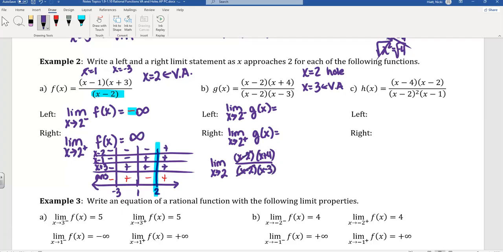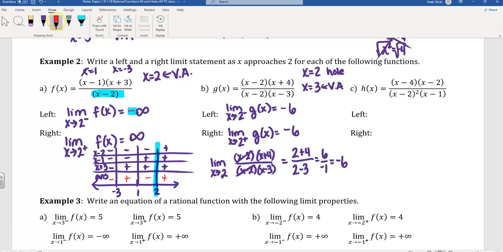And you can just cross these out. They're going to cancel each other out, right? And then you can plug your 2 into what's left. So plug 2 in here, 2 plus 4, and then 2 minus 3. I'm just plugging in whatever value you're approaching into whatever's left, and I will get 6 over negative 1, so I get negative 6. At holes, you'll get the same number for the left statement and the right statement because you should be approaching that same point.